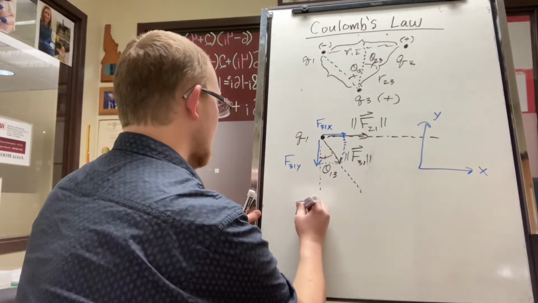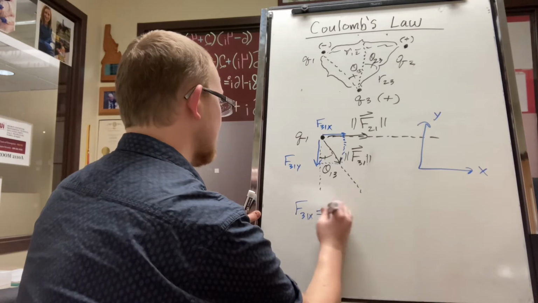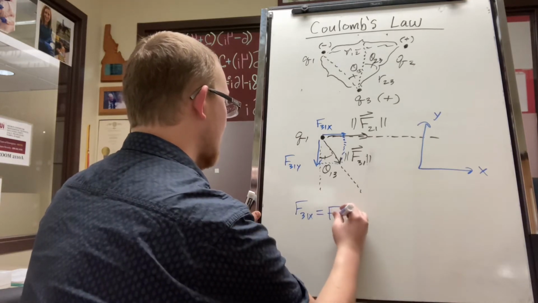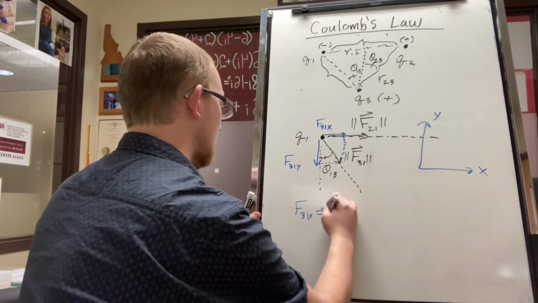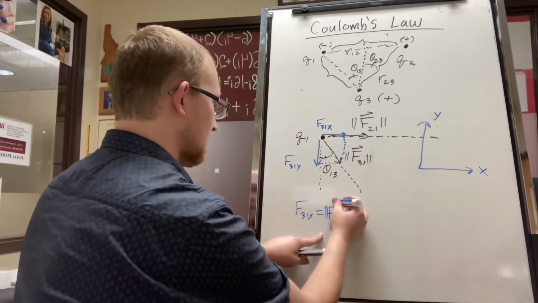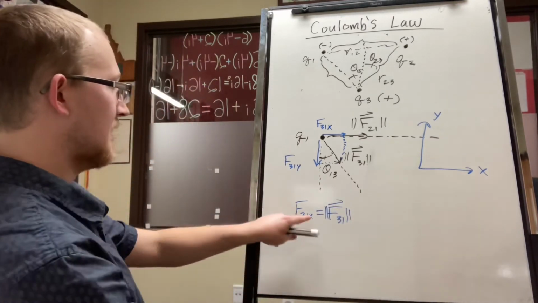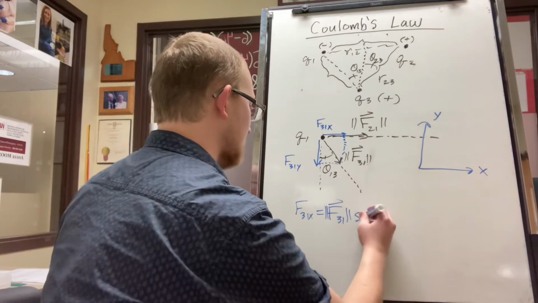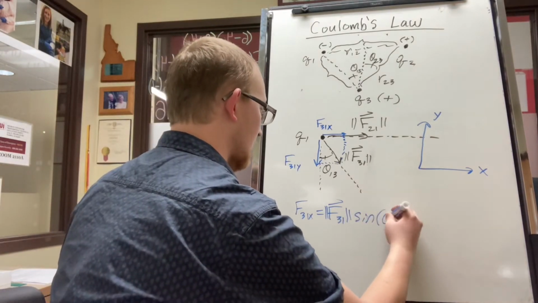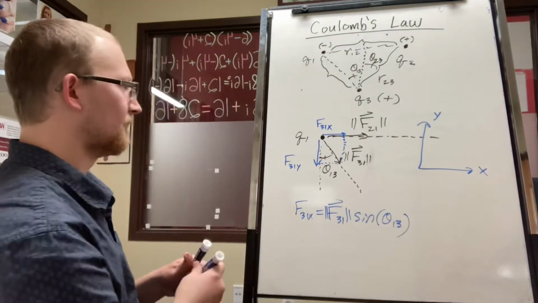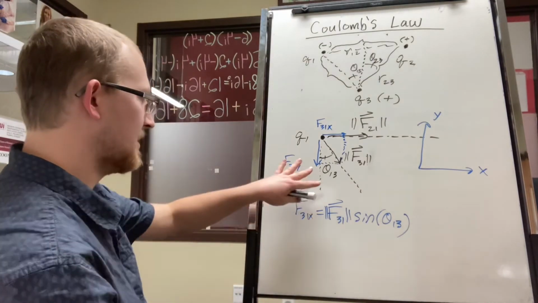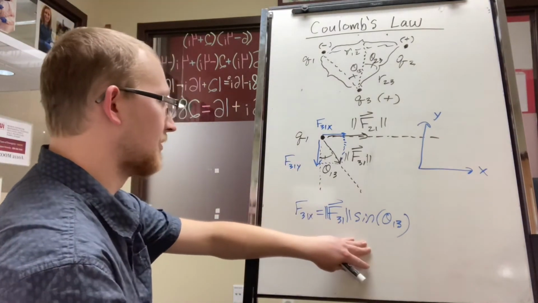So we know that F3,1x is going to equal the magnitude F3,1. That's what those little two lines mean on either side of the magnitude. The magnitude of F3,1 times sine of theta 1,3. And that makes sense because sine is opposite over hypotenuse.